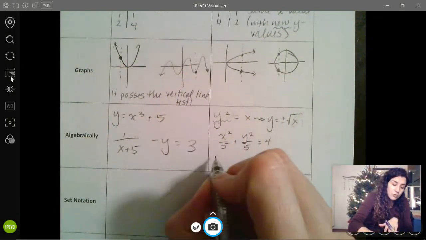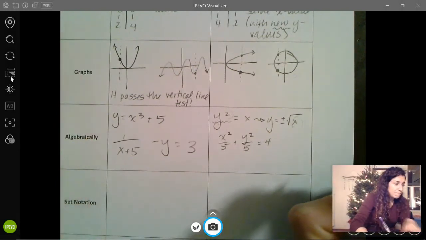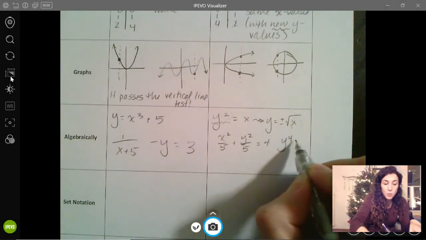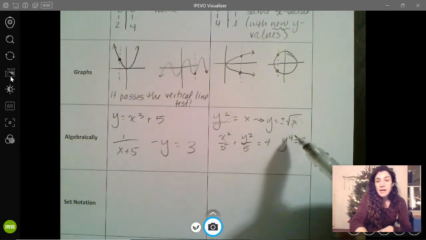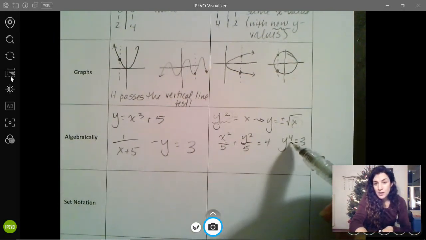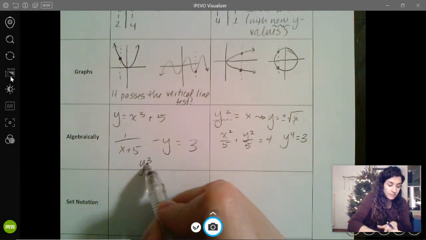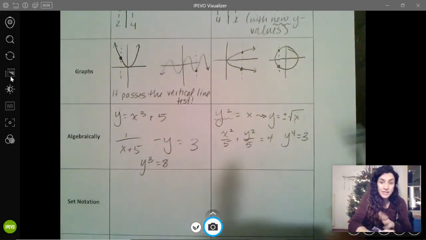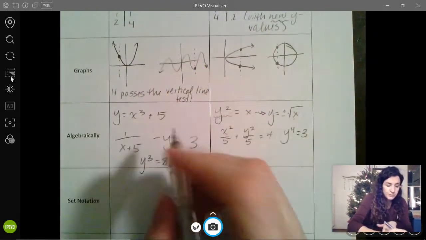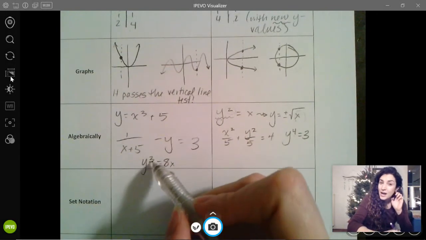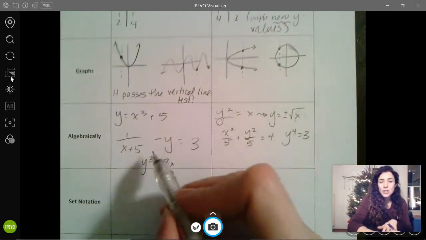It's also true if we have something like y to the 4th equals 3. That would also not be a function. It's okay if it's y cubed, that's fine, or y cubed equals 8x. It's okay if it's an odd root, or an odd exponent.